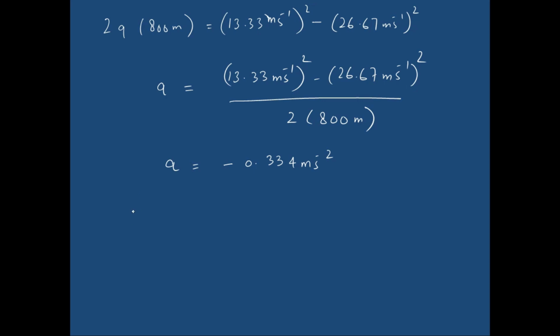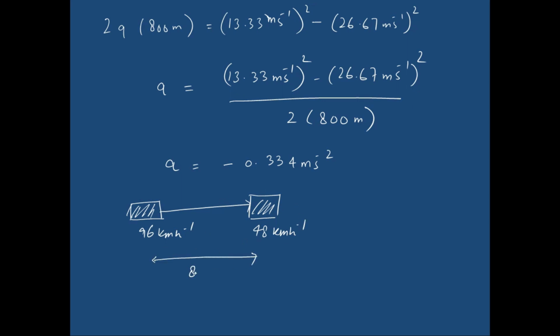Let's recall our numerical. The train first was moving with 96 kilometers per hour. When the brakes were applied, its velocity decreased to 48 kilometers per hour, and it covers a distance of 800 meters with a uniform retardation, a equals negative 0.334 meters per second square.